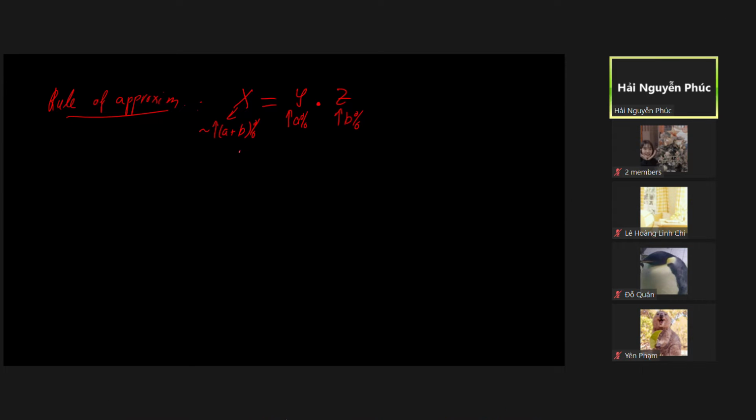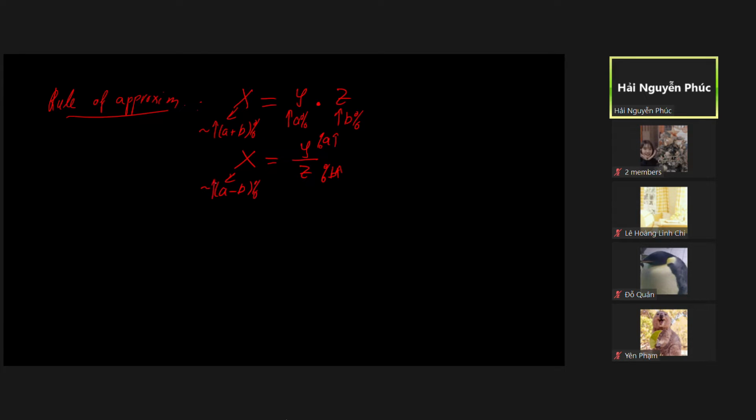Moreover, if we have x equal y divided by z, then y increased by a%, z increased by b%. All right, then the percentage change in x approximately would be equal a minus b%.